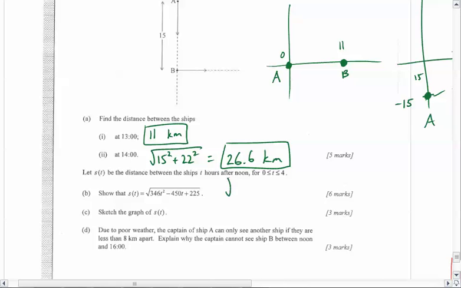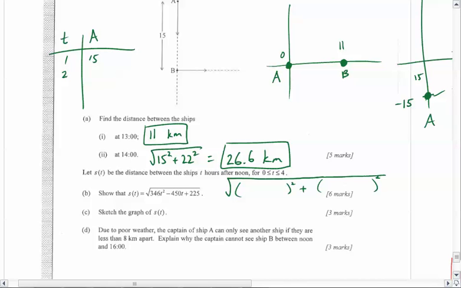So the distance is the square root of where A is squared plus where B is squared. So where is A? Well, when t is 1, A is at 0. When t is 0, A is at 15. So let's see if I can make a little chart here. Where is A at? When t is 0, A is at 15.